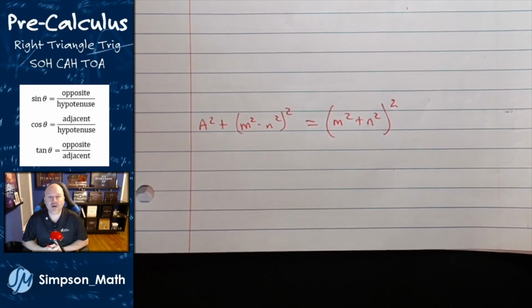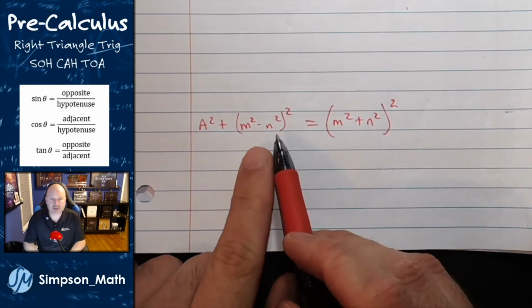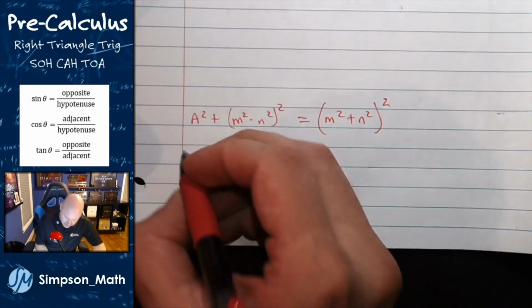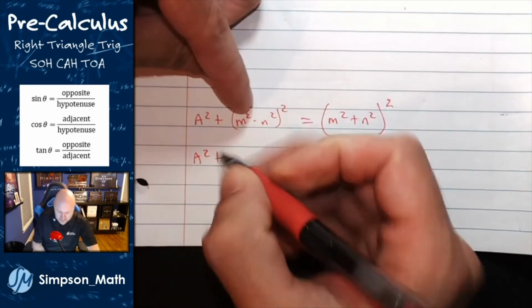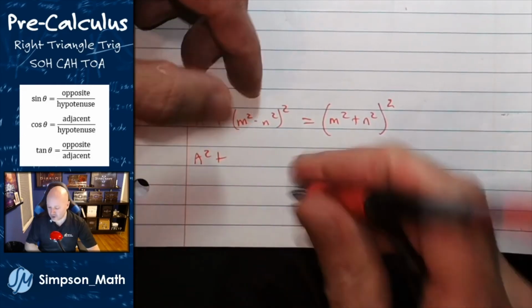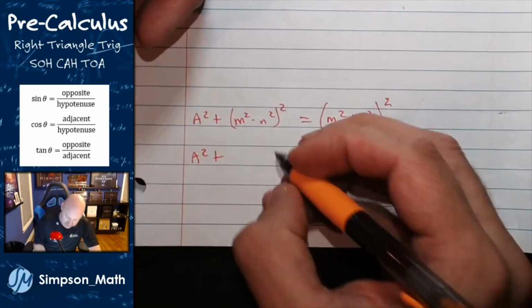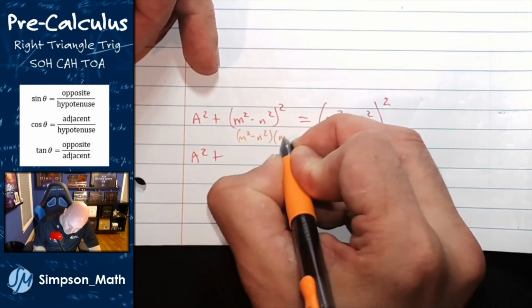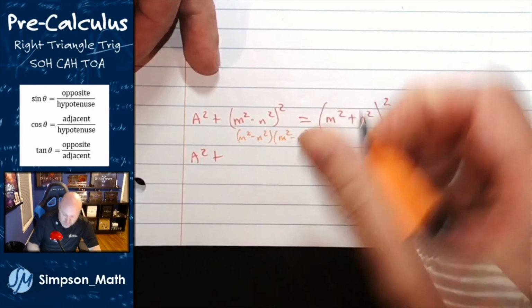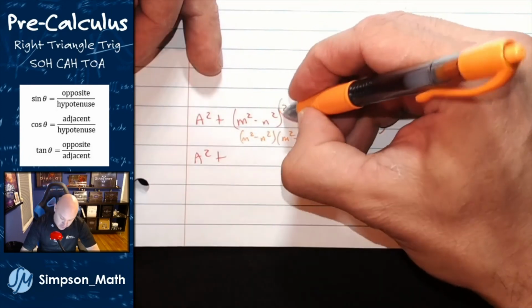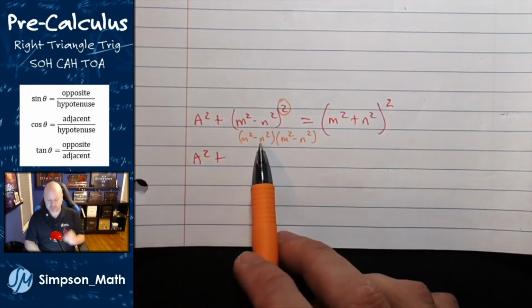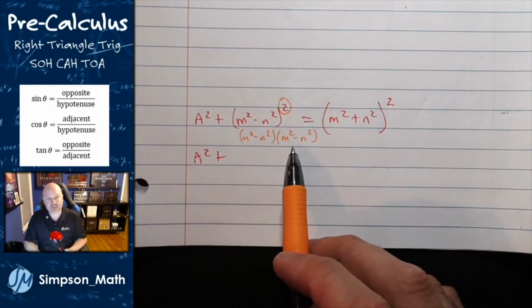Okay, I know how to expand binomials. So if I have m squared minus n squared, there's just two of them sitting there side by side. That's all the exponent of 2 out here means. I just have the opposite times the opposite.